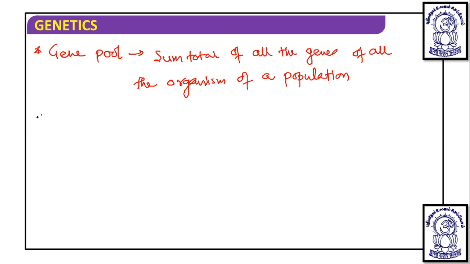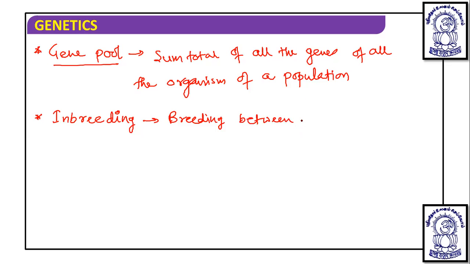Then the next terminology after gene pool is inbreeding. Inbreeding is breeding between closely related members of a species.